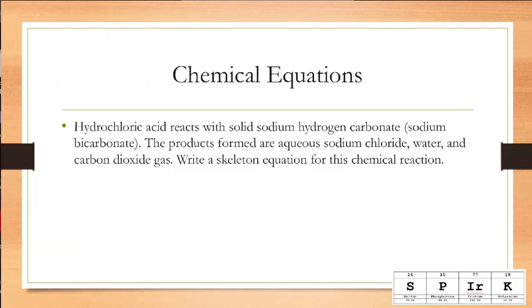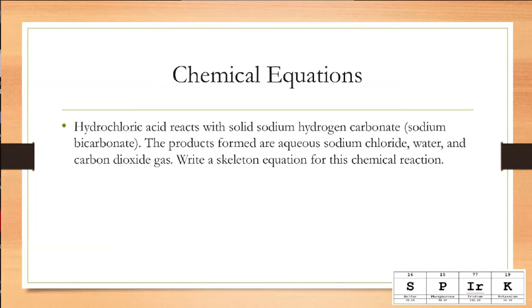So chemical equations, let's try one out. Hydrochloric acid reacts with solid sodium hydrogen carbonate, or sodium bicarbonate, and the products formed are aqueous sodium chloride, water, and carbon dioxide gas. So let's write a skeletal equation for the chemical reaction.